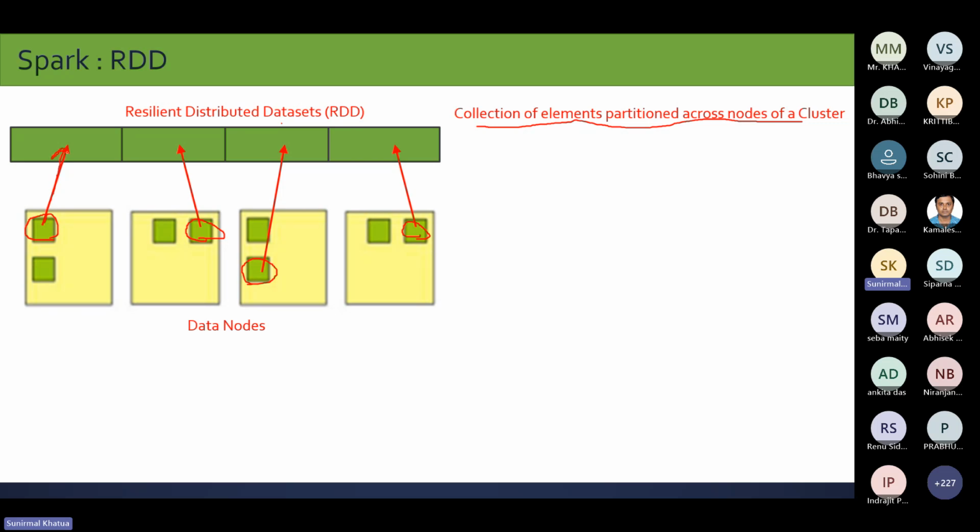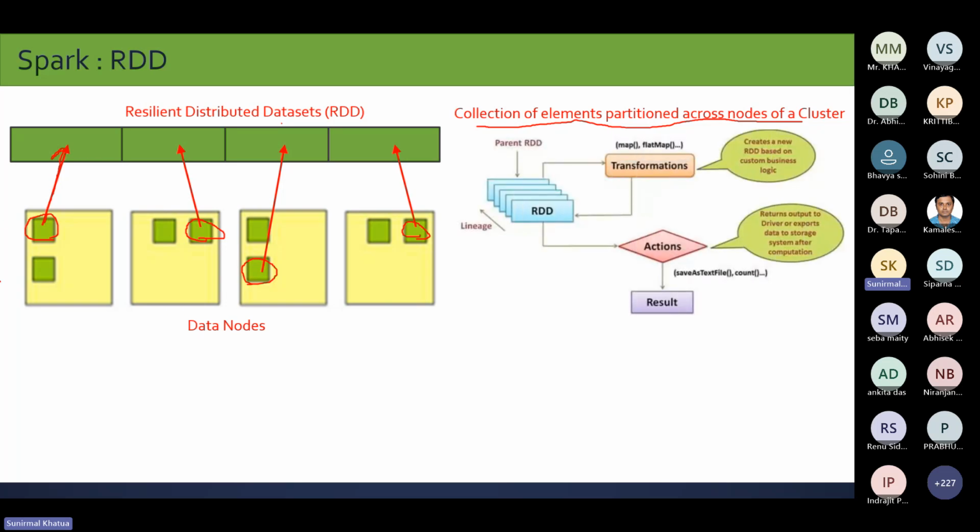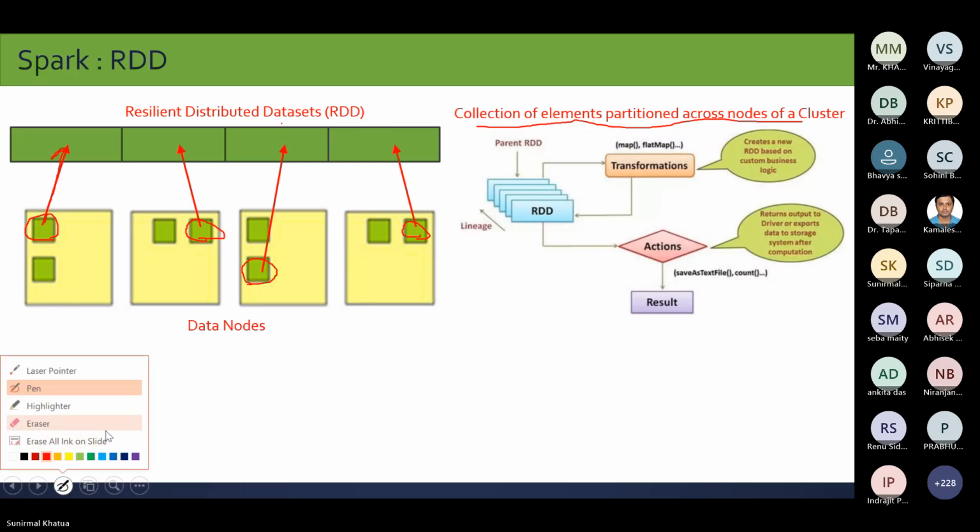Mind that this is not copied there. They are just a kind of pointer. The data is there itself, but you can define the RDD to point to that. So the RDD defines that these are the collection of data. Now, this will help in writing the Spark script in a better way.